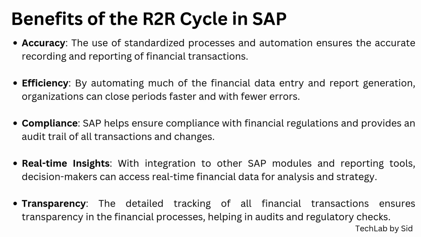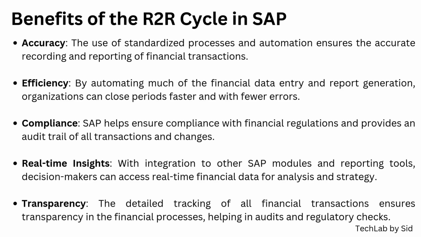It also boosts efficiency, allowing organizations to close accounting periods faster and with fewer mistakes by automating data entry and report generation. Compliance is another major advantage, as SAP helps ensure adherence to financial regulations and provides a detailed audit trail of all transactions and changes.